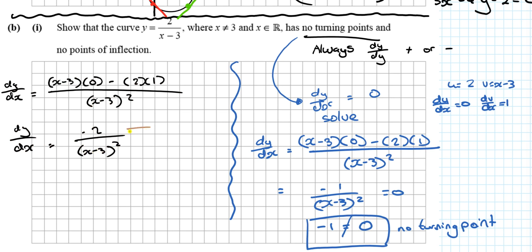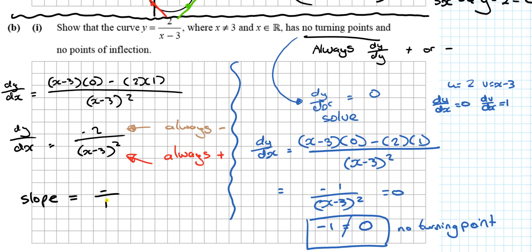And I suppose it's worth noting this is always negative and this is always positive. How come the bottom line is always positive? Because anything squared is always a positive number.